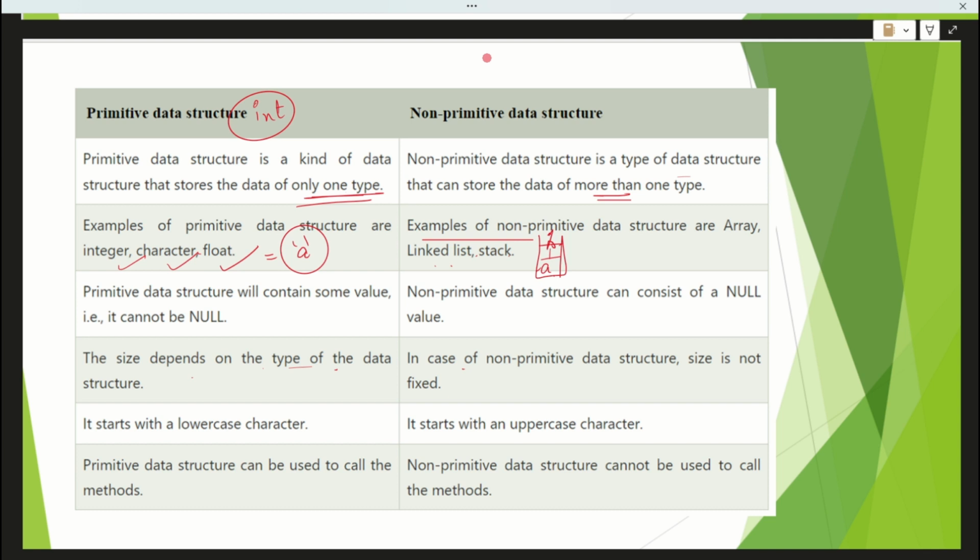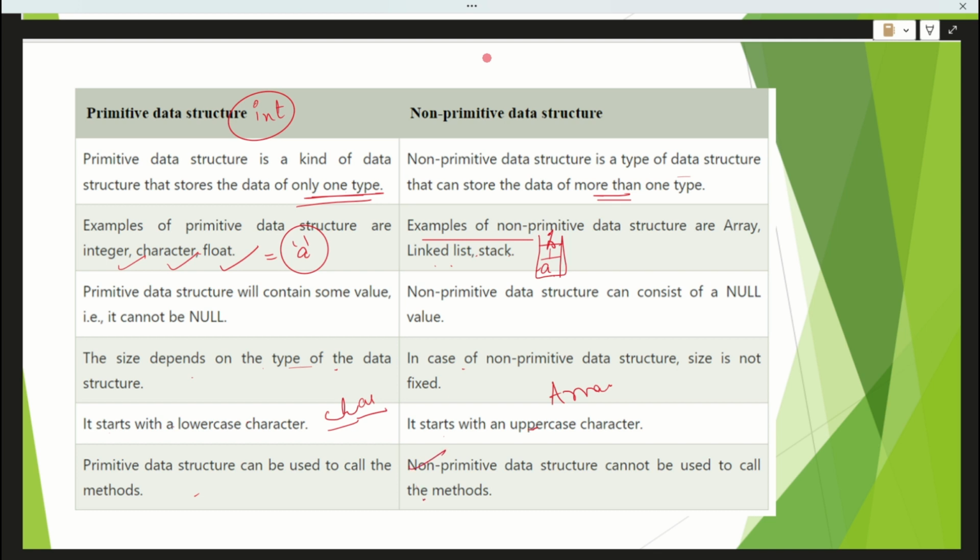The size is not fixed, it is dynamic. Primitive types start with lowercase, like char, and non-primitive types start with uppercase, like Array, where A is capital. A non-primitive data type can be used to call methods, but a primitive cannot.